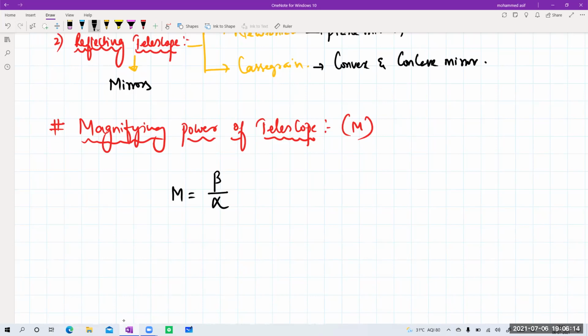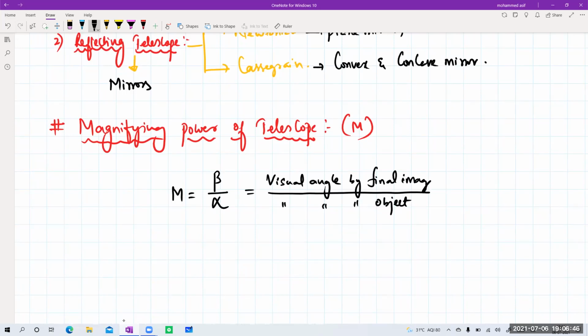What is beta? The angle made by the final image. And alpha is the angle made by the object, the object not at the least distance of distinct vision. So beta is the visual angle by your final image, and alpha is also a visual angle, by your object.